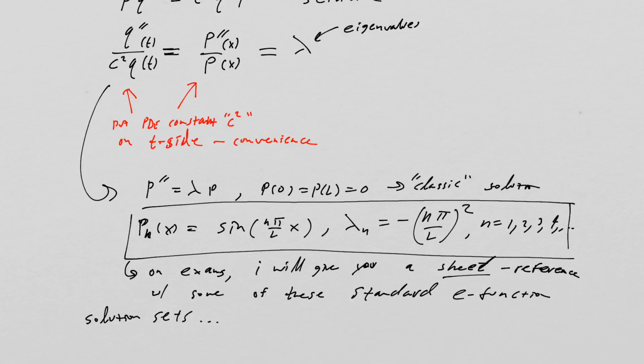So I will let you know when it's totally okay to use these sort of canned solutions, when you can just plug them in where you need. So this is definitely a case where, when I say that this is the classic eigenfunction problem, this is classic. This is actually the first one we did a long time ago when we first learned this.